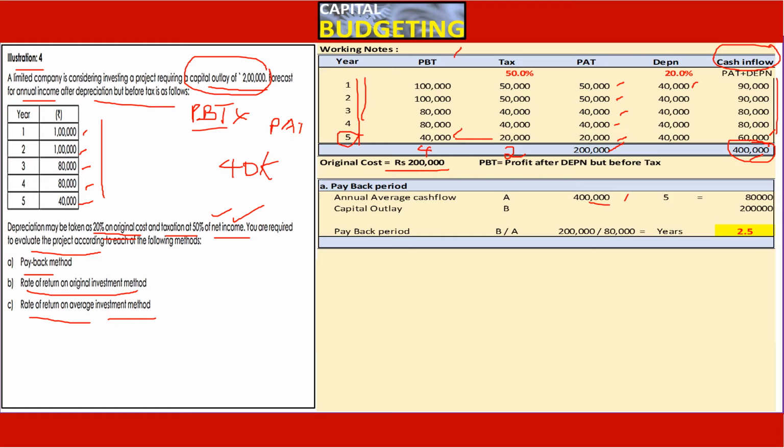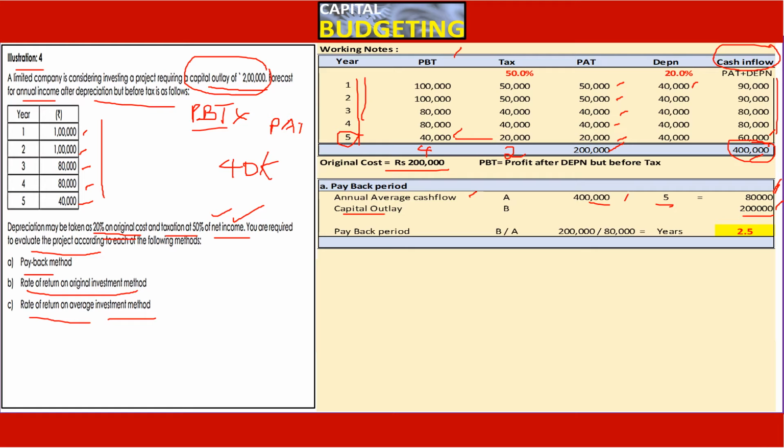If you are earning 4 lakhs over 5 years, what is your annual average cash flow? 4 lakhs divided by 5 is 80,000 as the average. Then what is your capital outlay? Capital outlay is 2 lakhs.